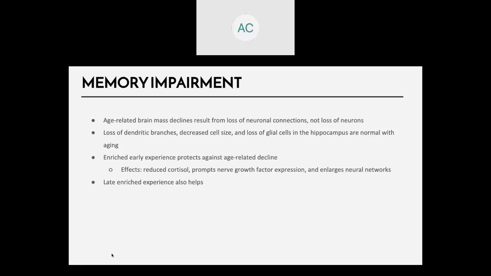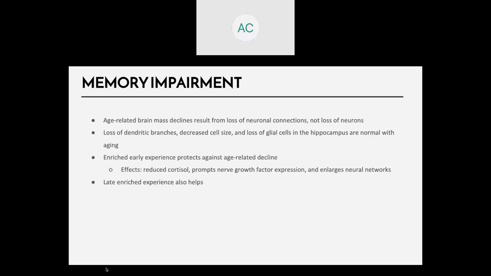So there are two things that seem to protect against age-related memory decline, and those are early enriched experience and late enriched experience. You've probably heard before that giving children a lot of stimulation when they're growing up is very important because it promotes nerve growth factor expression, it reduces cortisol levels, and it enlarges neural networks.